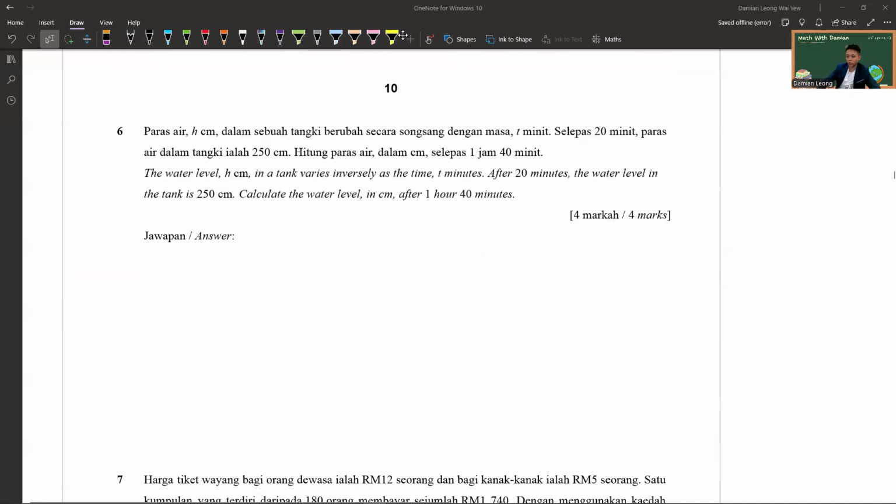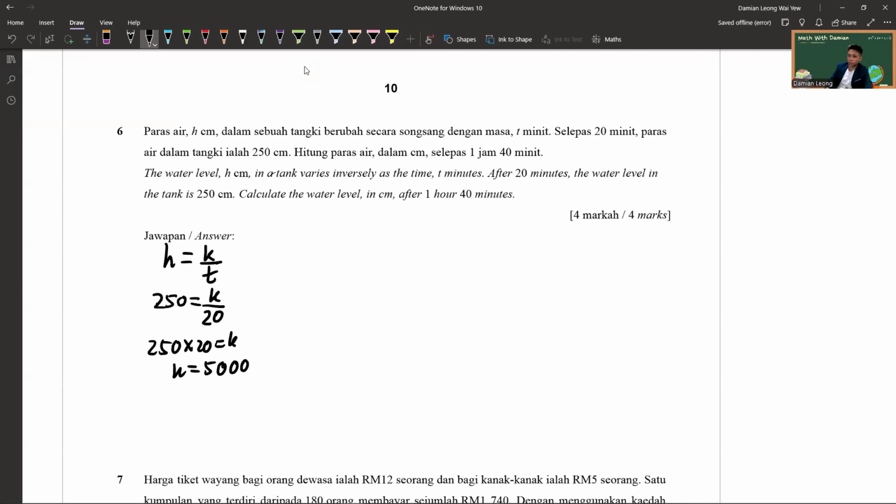Then we look at question 6. Water level H cm in a tank varies inversely as time t. So H equals to constant over t. Okay. After 20 minutes, water level in the tank is 250 cm, means H is 250 when t is 20. So 250 times 20 equals K. K would be 5,000. Okay.